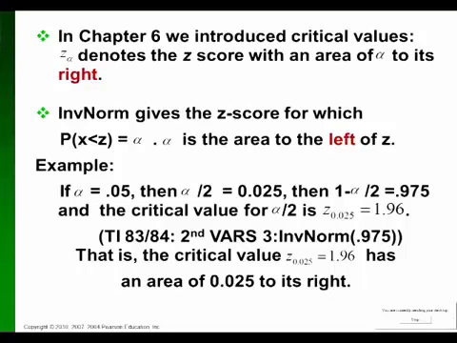So alpha over 2 is going to be the area to the right, and 1 minus alpha over 2 is going to be the area in the middle. So we're going to type in inverse norm 1 minus 0.025, or 1 minus 0.025 is just 0.975.